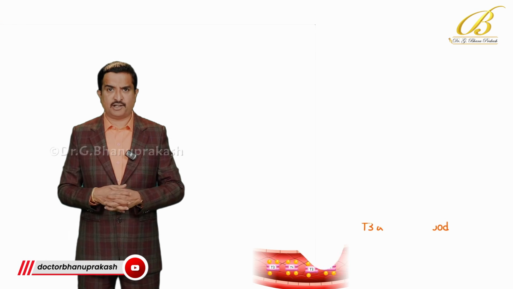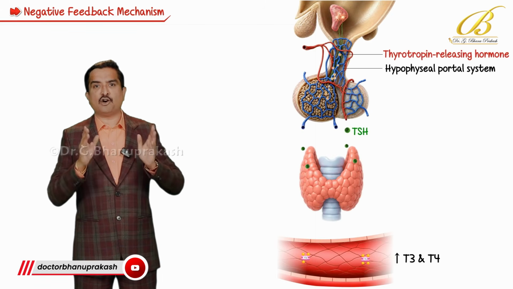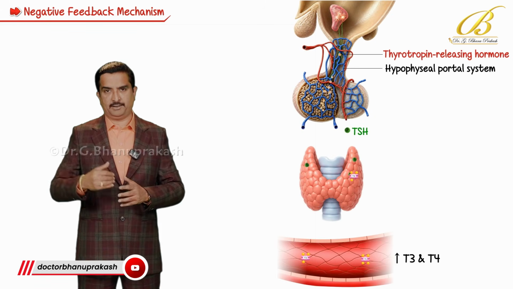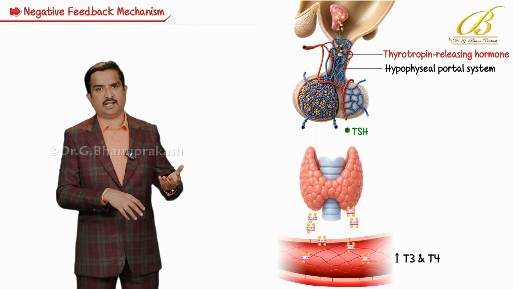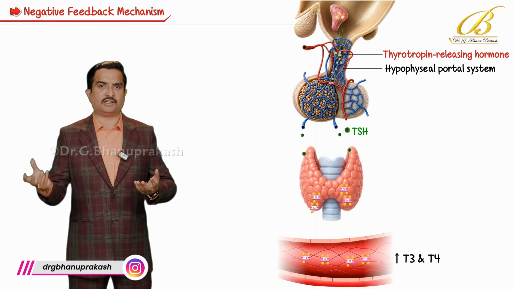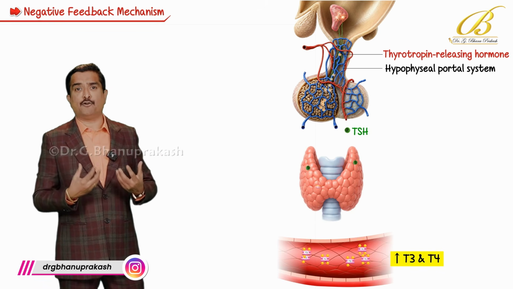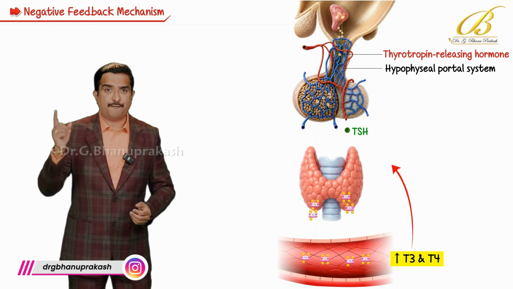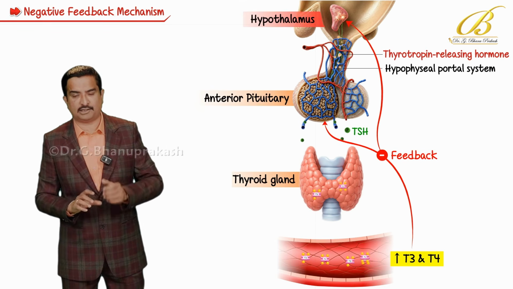Now let us discuss the negative feedback mechanism. Whenever there is a need, TRH is released, TRH stimulates TSH release from the anterior pituitary, TSH stimulates the thyroid gland, and the thyroid gland synthesizes T3 and T4. When enough T3 and T4 rise in the blood, they feed back negatively on both the pituitary and the hypothalamus.